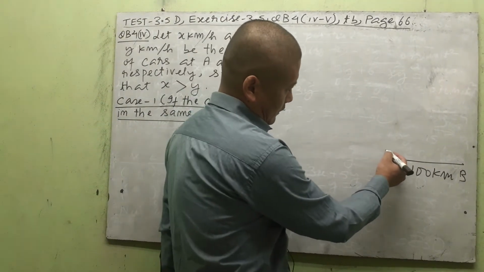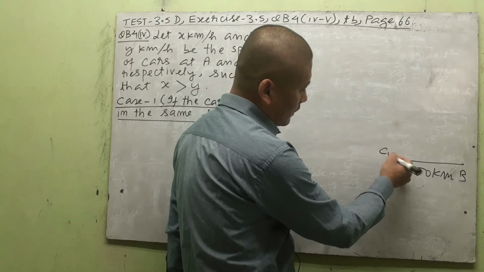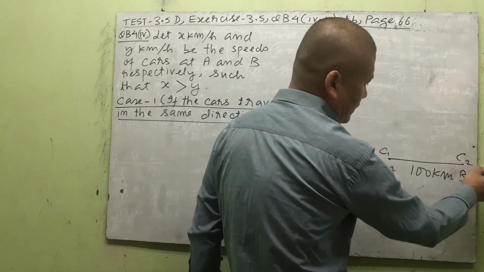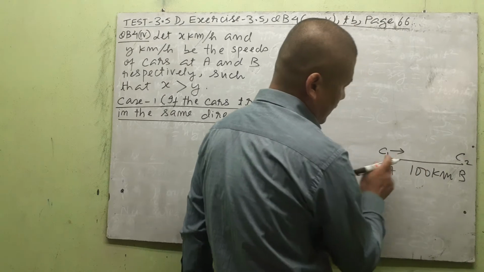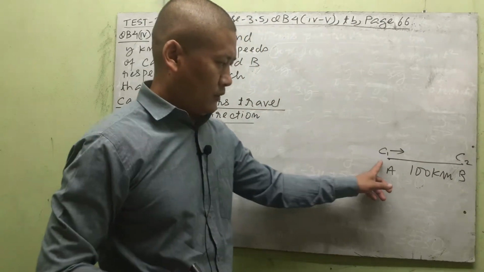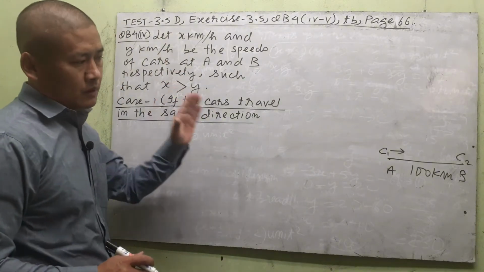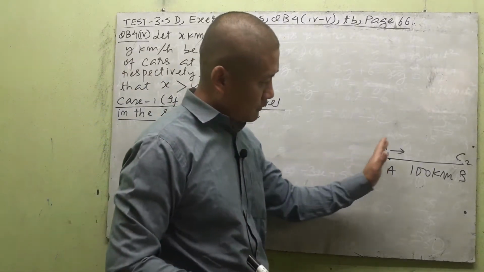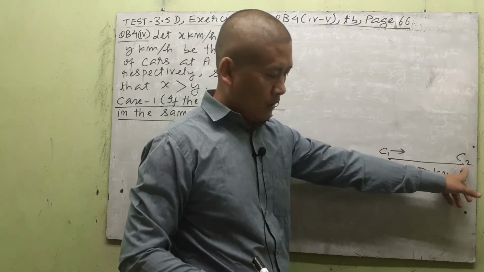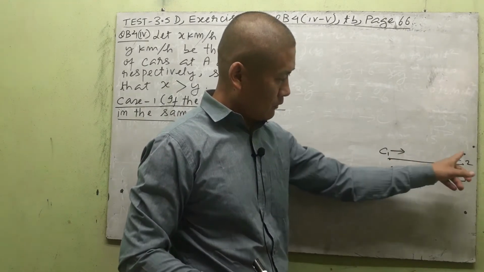So the car at A, C1, and the car at B, C2, are moving in the same direction, means the car at A is following the car at B because the car at A has higher speed. So if the car at higher speed follows the car at the slower speed, only then will they catch up, they will meet.